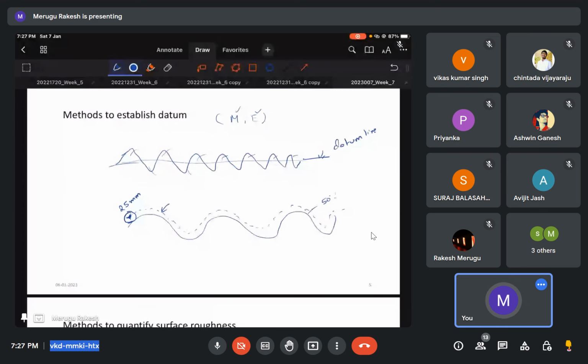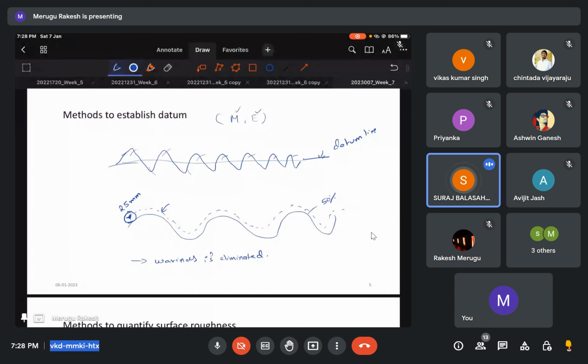Similarly, whatever I did in the earlier system, I will adjust this 50%. Instead of a straight line, here I have the profile of the surface. By doing this, I will eliminate this waviness factor. So these are the two systems that I want to discuss.